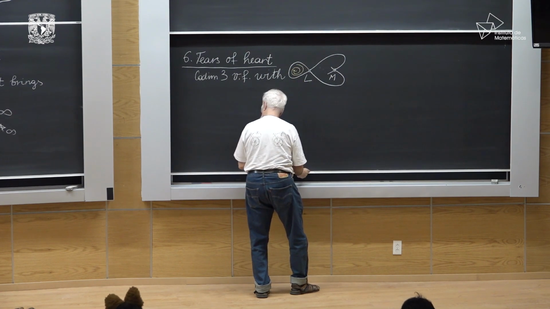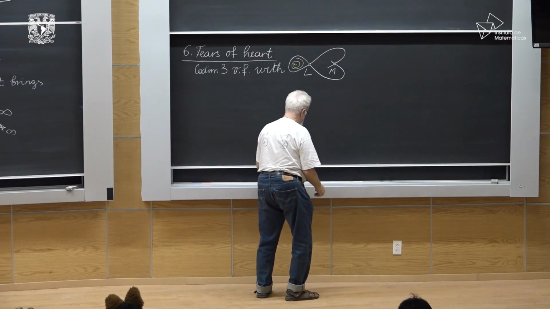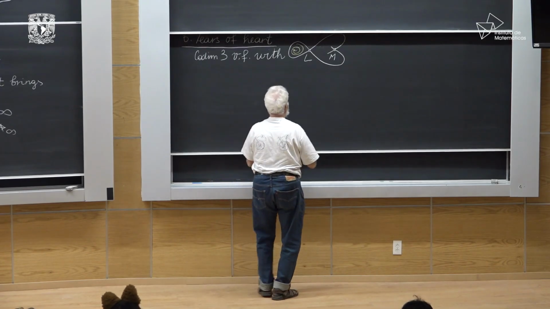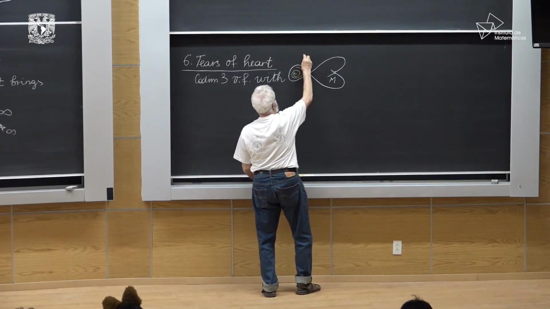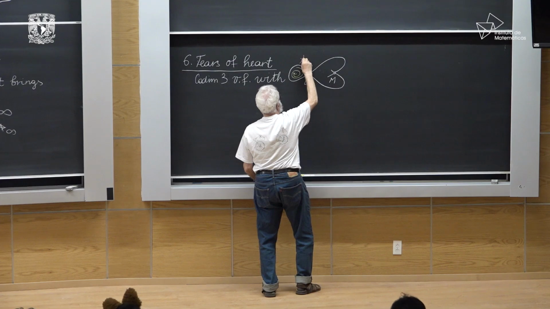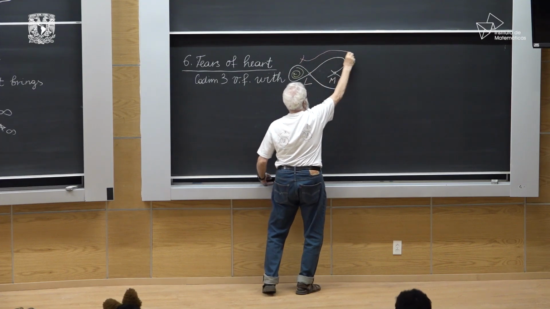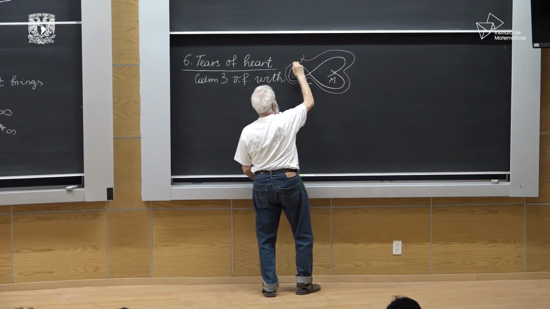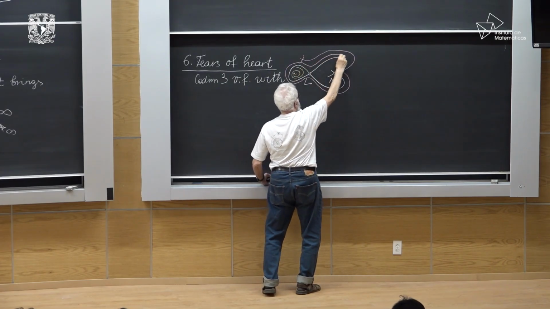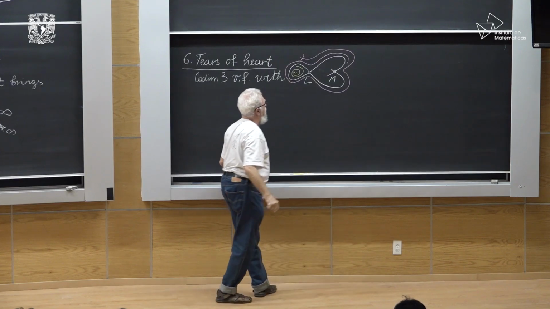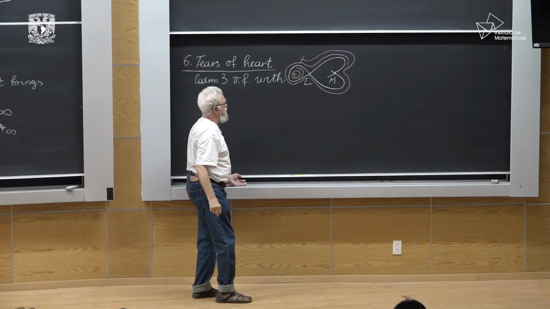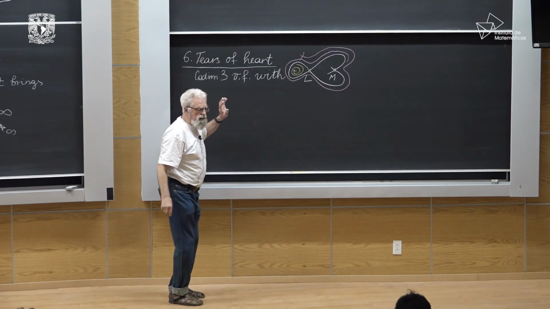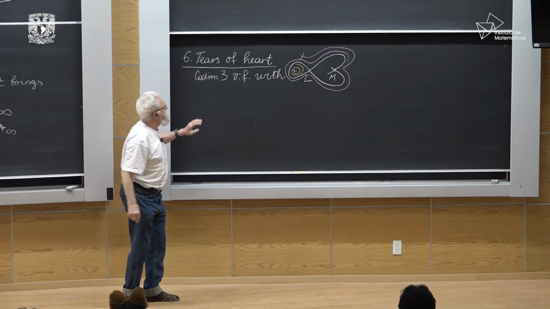And outside you have a saddle whose separatrix winds towards the polycycle. Probably I forgot to say something in the previous subsection.